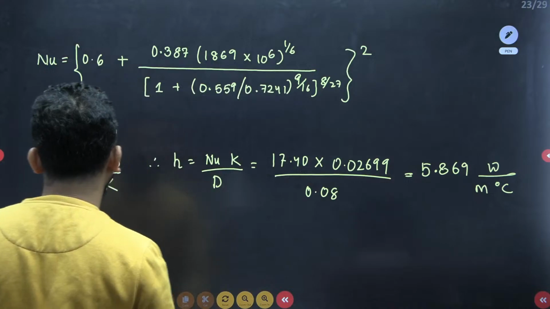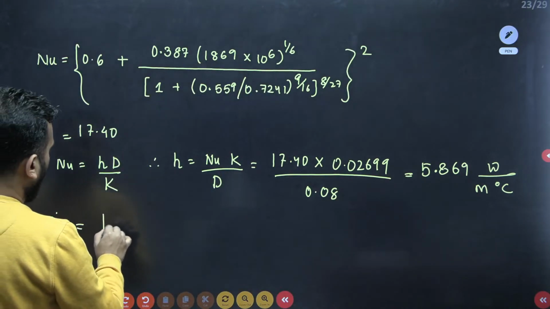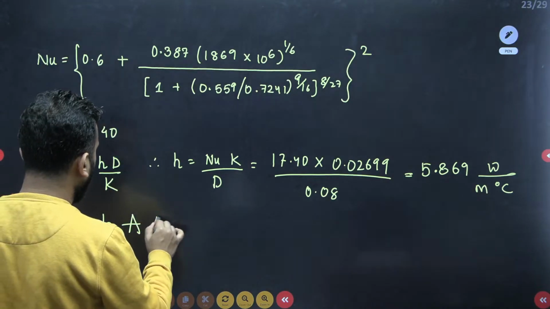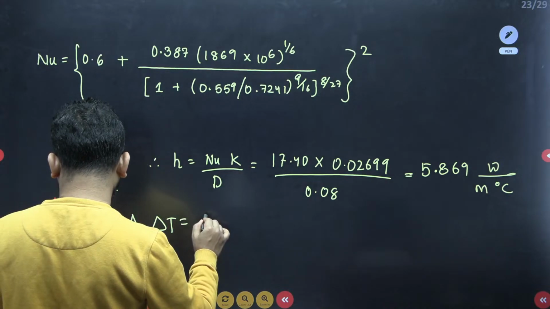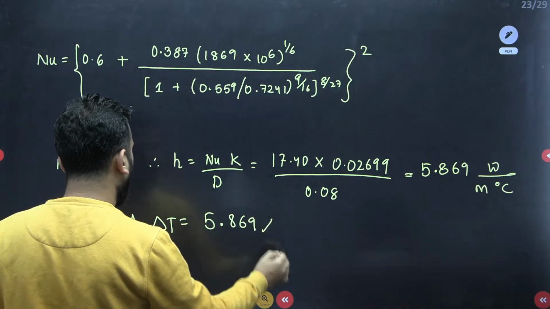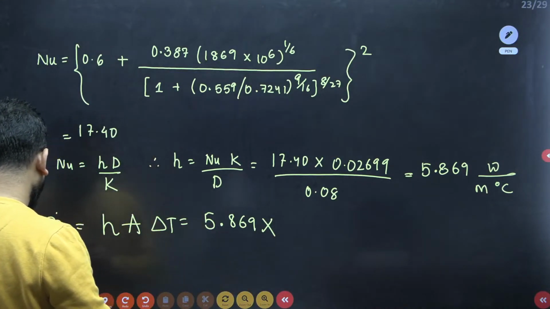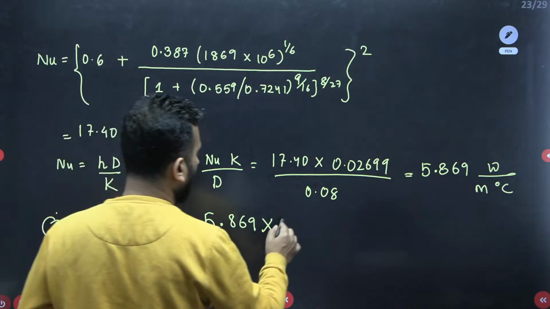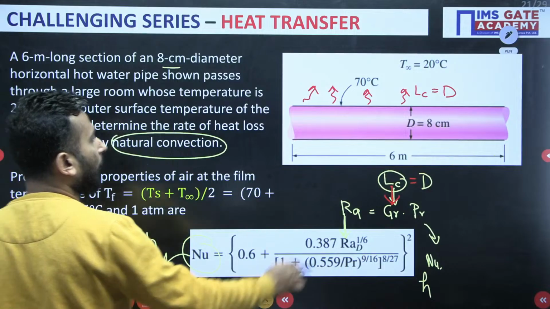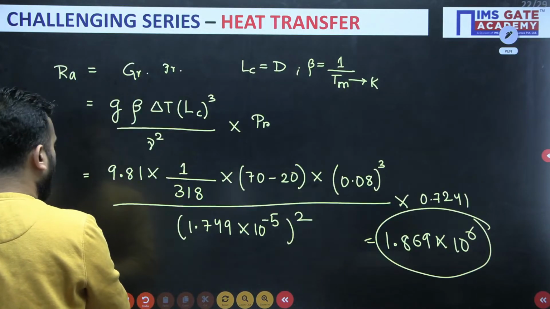Once the h value is known, you know that in entire convection the heat transfer formula is hA delta T. So h value we have calculated. Area we have to find out: pi dL, because from pi dL external surface only heat transfer is taking place.